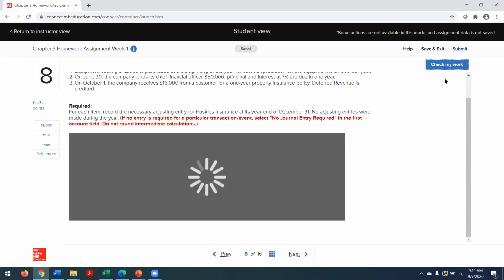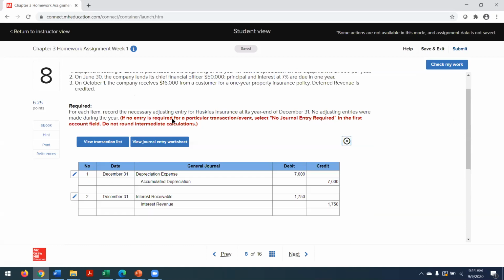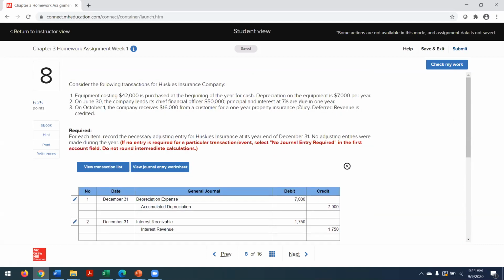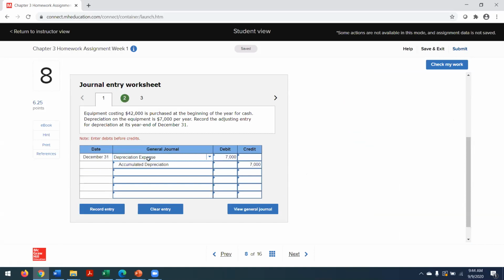You see why? We lent them $50,000 at a 7% interest rate. We lent it 6 months ago. We're not going to get the money back for another 6 months.